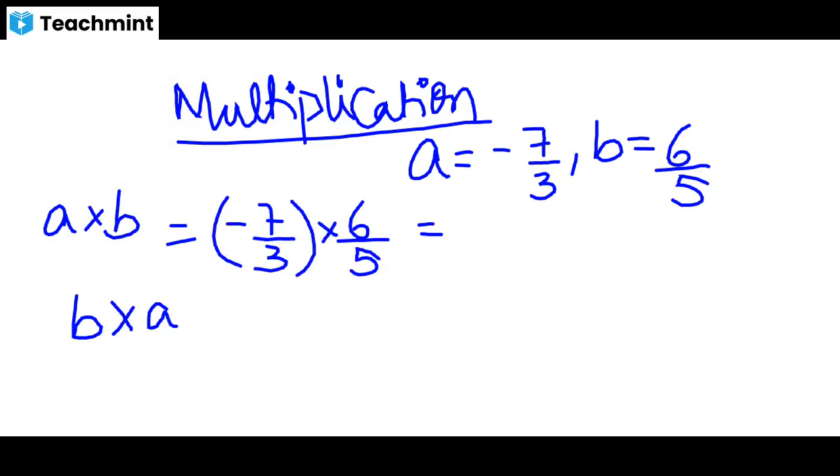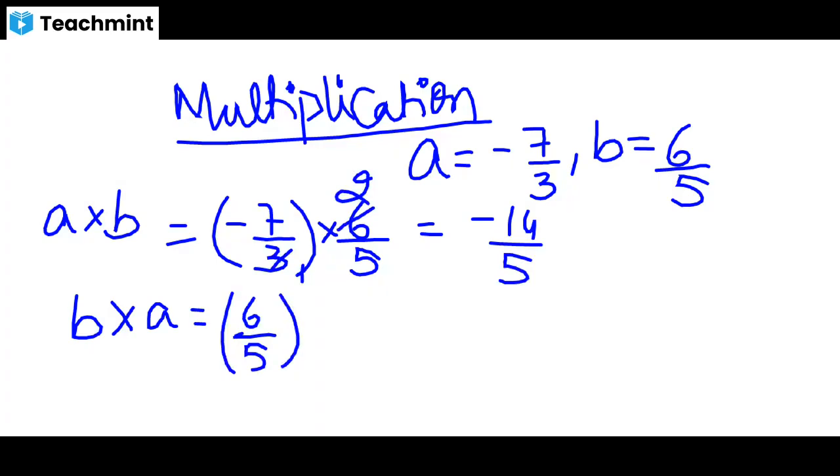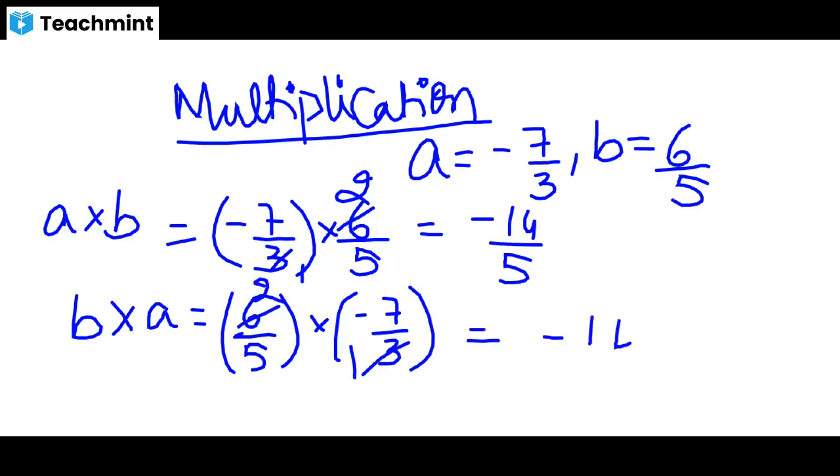So this you get as 3 ones are 3, twos are 2, minus 14 by 5. In the same way b into a, what you get? 6 by 5 into minus 7 by 3. Again you can cancel, 3 ones are 3, twos are 2. So what you get? 7 twos are 14 by 5.